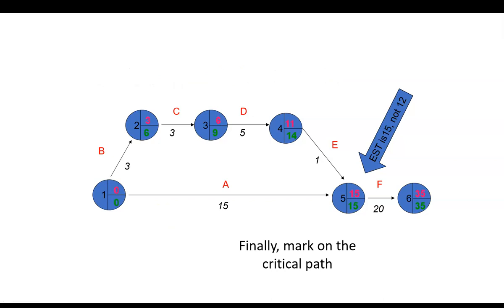Then we're going to mark the critical path. And the critical path is where the estimated start time and the latest finish time are the same. There is no delay possible.